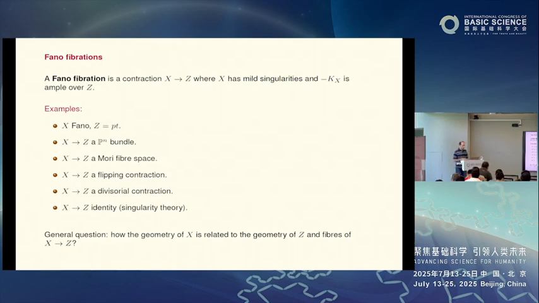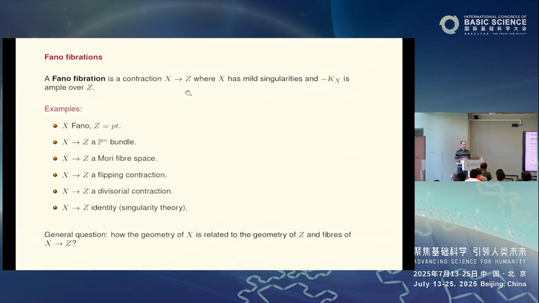Now, I don't want to just stay with Fano varieties. The story becomes much more interesting when you expand this notion into a relative version. And for this reason, I define Fano fibrations. A Fano fibration is basically a morphism. Here I write a contraction, but I think you can ignore this. It's just a technical term.